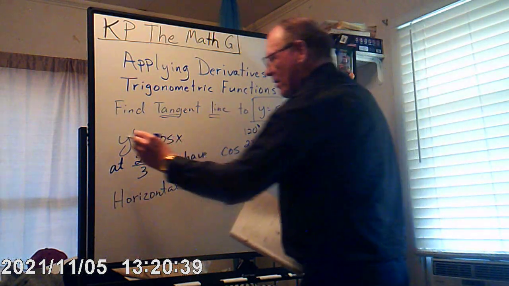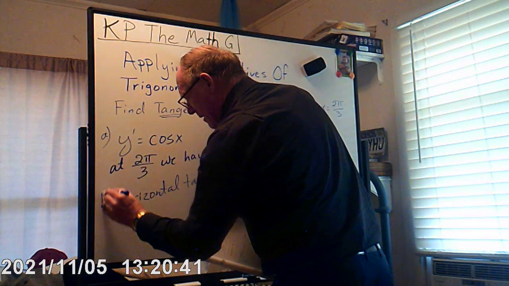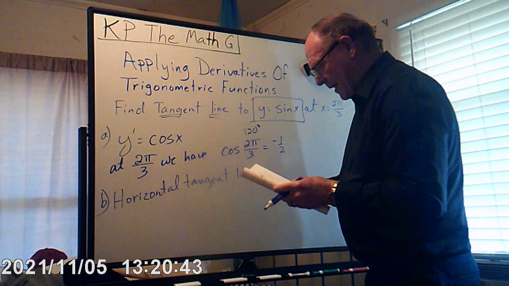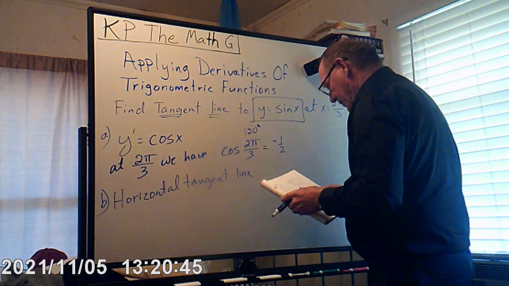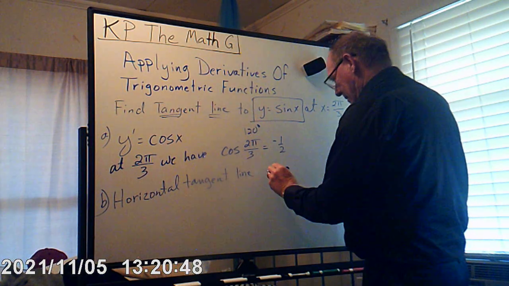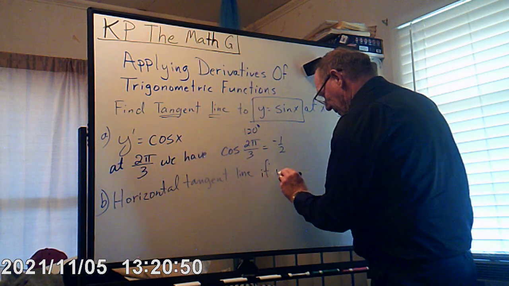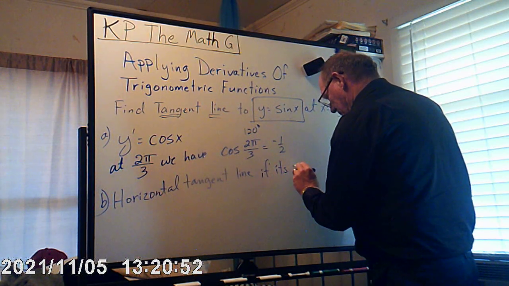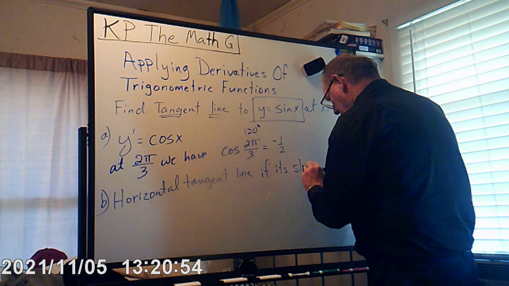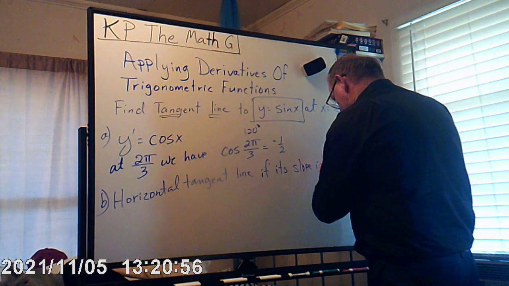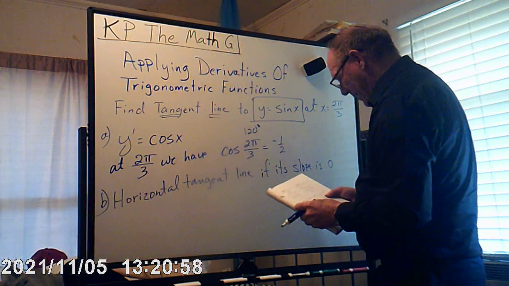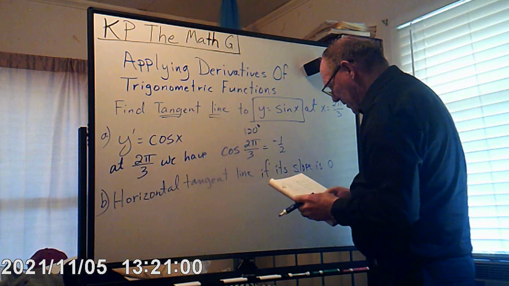This was the A part. For the B part, the horizontal tangent line, its slope is 0.